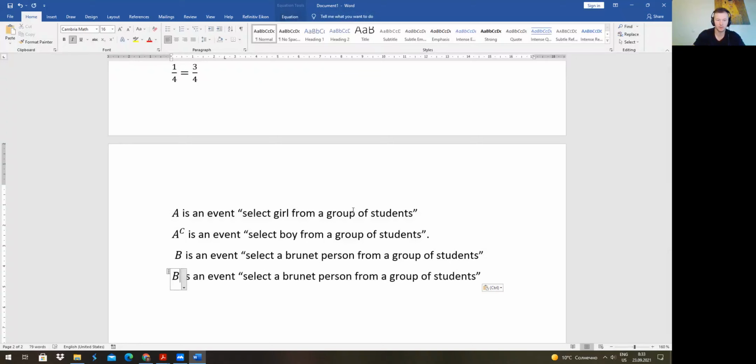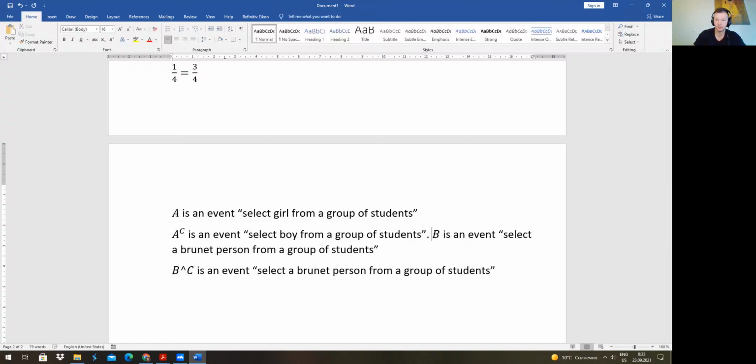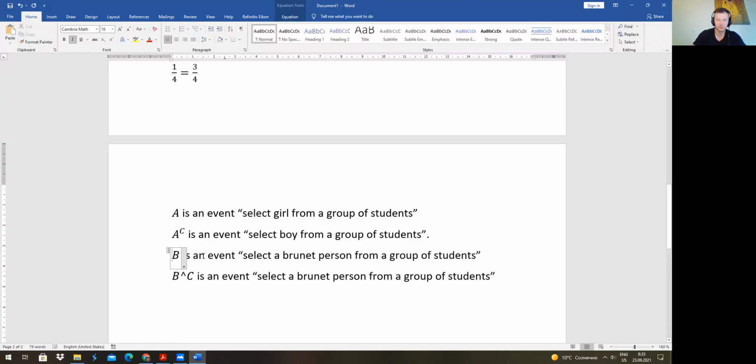And not B, in some other color: select not a brunette person from a group of students.